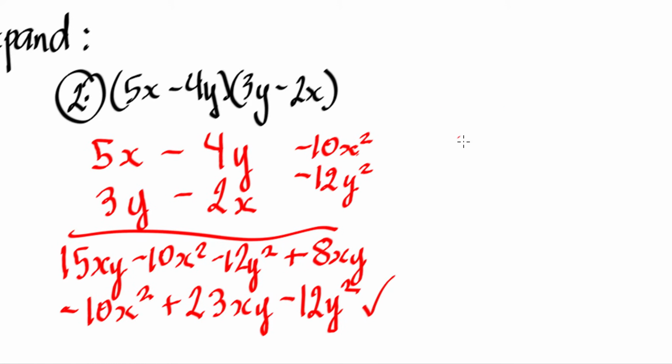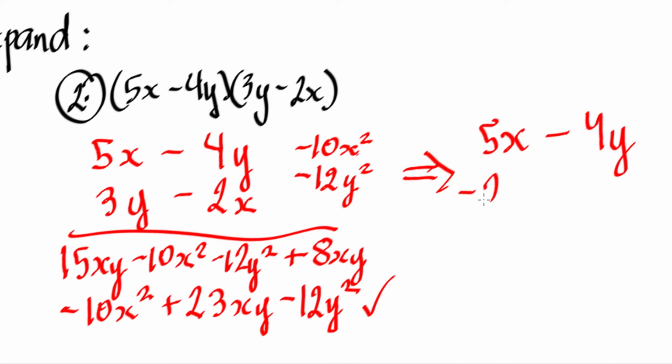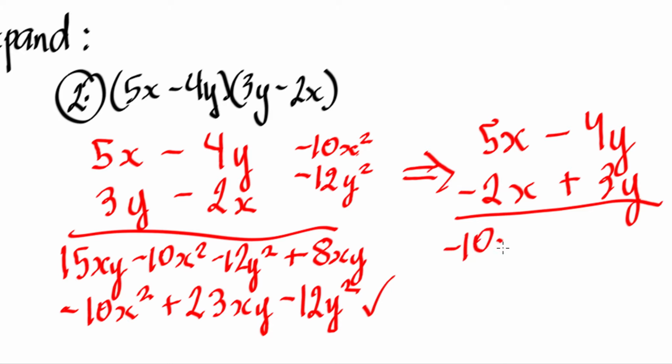Say for instance we put it as 5x minus 4y times, with minus 2x first: minus 2x plus 3y. Notice 5x times minus 2x is going to give us minus 10x squared. Crosswise now, 5x times 3y is going to give us 15xy, plus minus 4y times minus 2x.